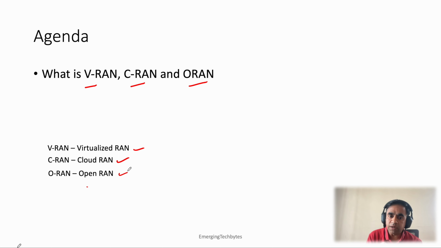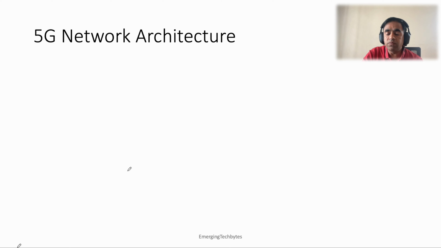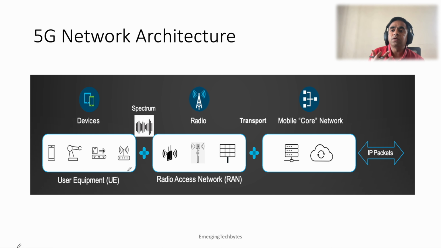But before that, let's look at a complete end-to-end 5G architecture at some 30,000 feet view and try to see where exactly our topic for today fits in. So this is an end-to-end 5G network block diagram where you have a radio access network, with your cell sites where radio antennas are.